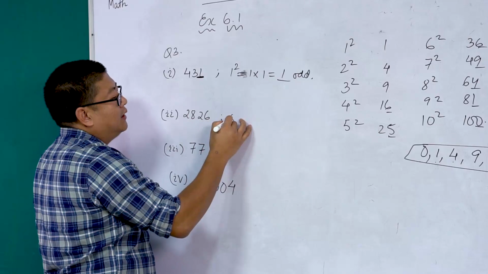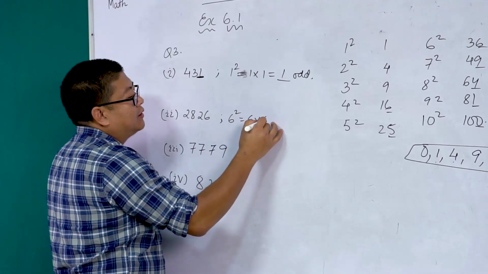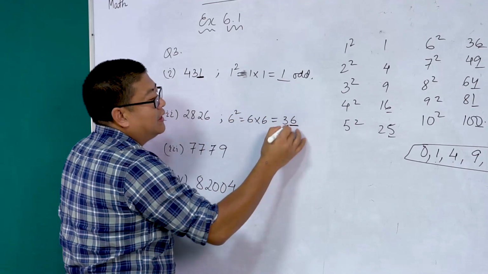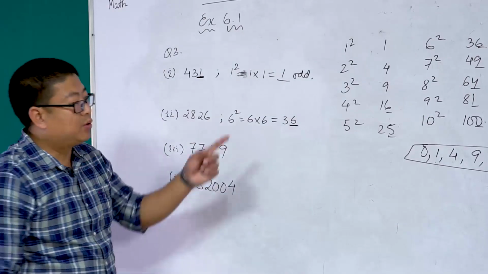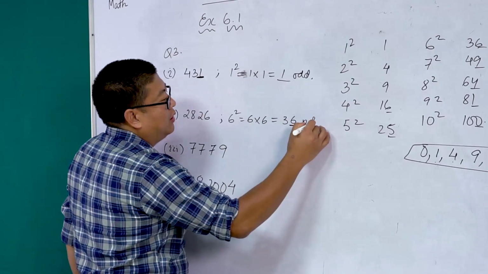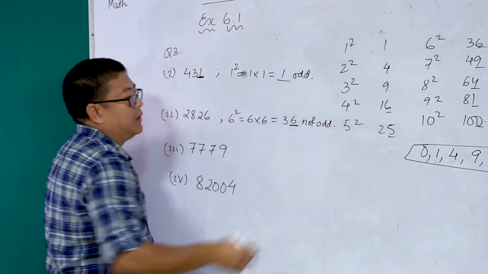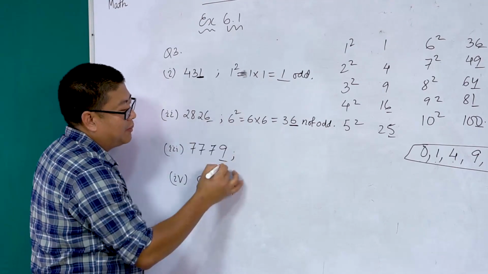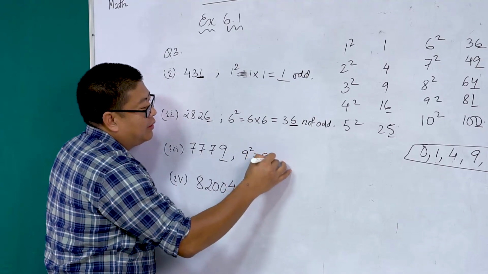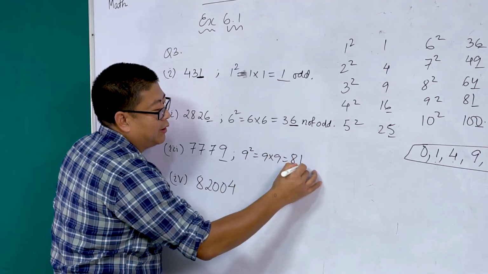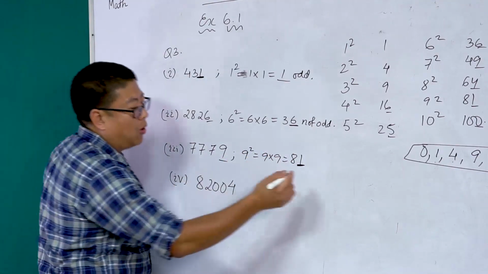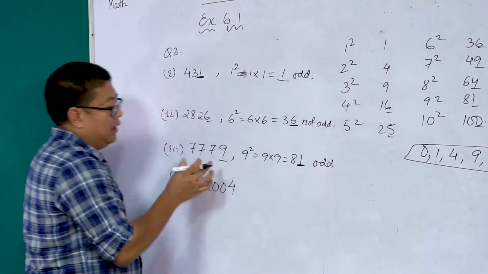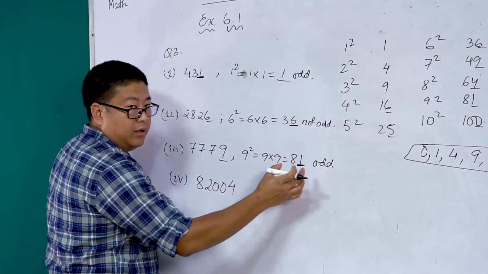Similarly for this, 6 square, 6 into 6, 36. This 6 is even. So it is not odd. Even means it is not odd, obviously. Similarly, 9 in the units place. 9 square, 9 into 9, we are getting 81. The units place is 1. It is odd. So your whole square will be odd.